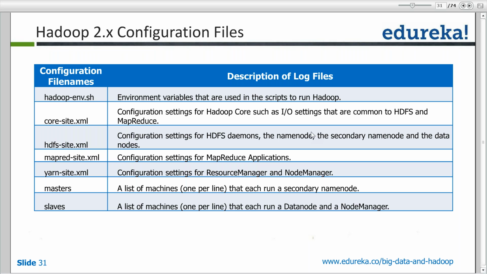It will communicate with your name node, because it's only the name node who knows where the actual blocks of your file are present. So your MapReduce also requires the name node, and HDFS obviously requires your name node. Such properties which are common to both the frameworks forming your Hadoop should go in core-site.xml.